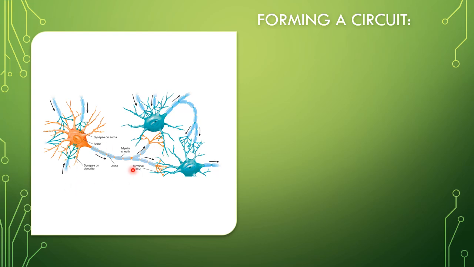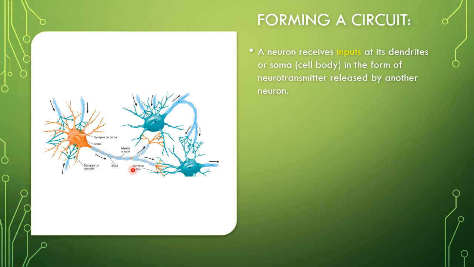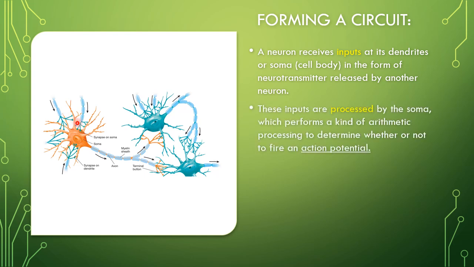So to give you a better picture of what I've been saying this entire time, when we need to form a circuit, we would have some input coming in, and this would come into the dendrites, and you can see that we have all of these different connections being made at the dendrite, where we have a chemical messenger being released by this blue axon and being received at the dendrite as an input.